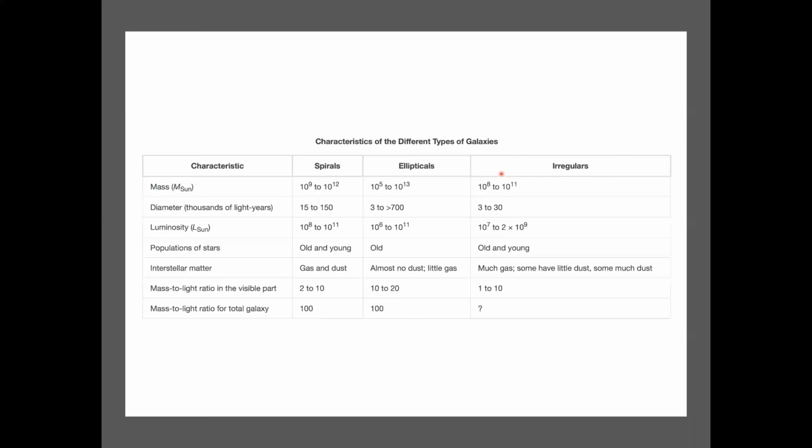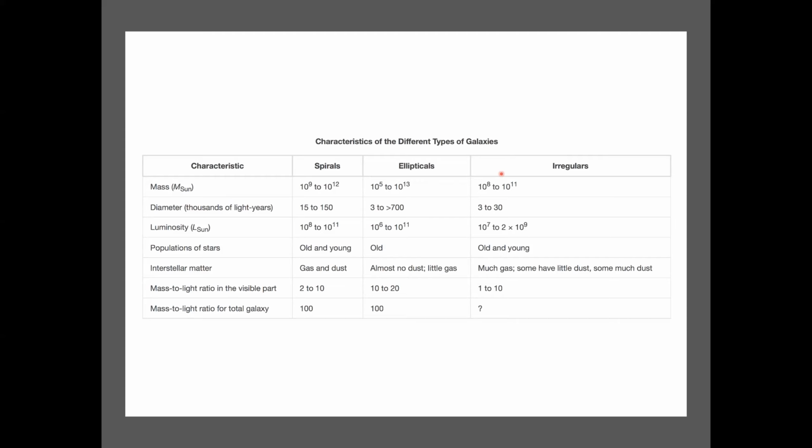And this is normally used to decide sometimes the types of the galaxies that we are looking at. As you know, we have spiral galaxies and elliptical galaxies, and the other type is irregular galaxies, which means you do not have a proper shape. I have mentioned the basic differences and similarities between spiral, elliptical, and irregular galaxies. As you see, for the mass it's roughly in the same range.